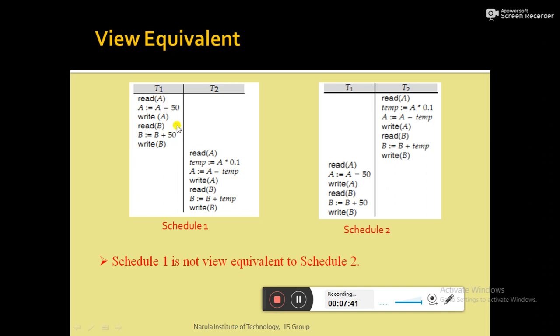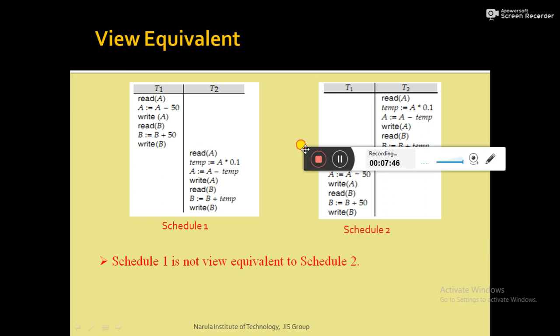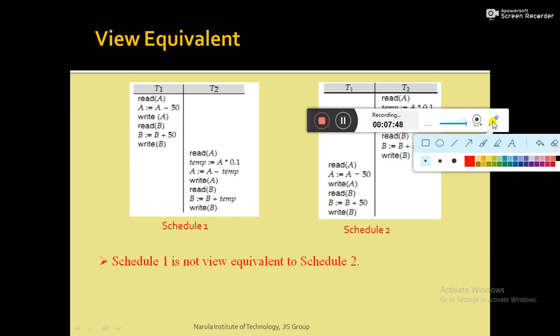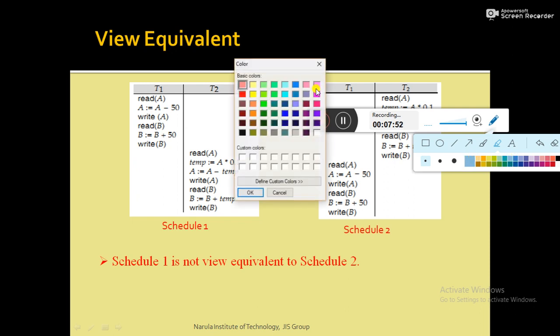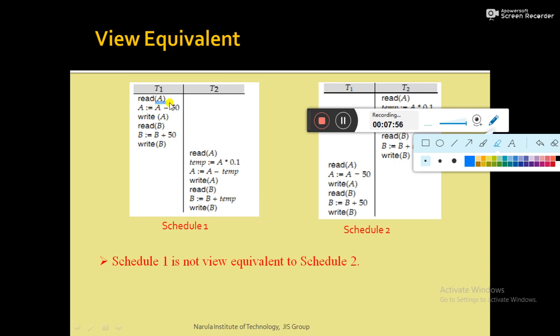Let me mark it. First consider the data item A. In schedule 1, which transaction among T1 and T2 reads the initial value of A?